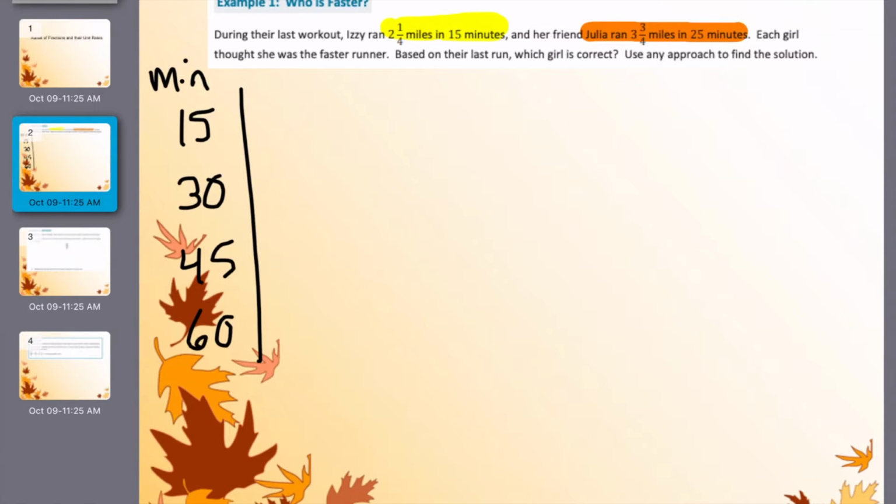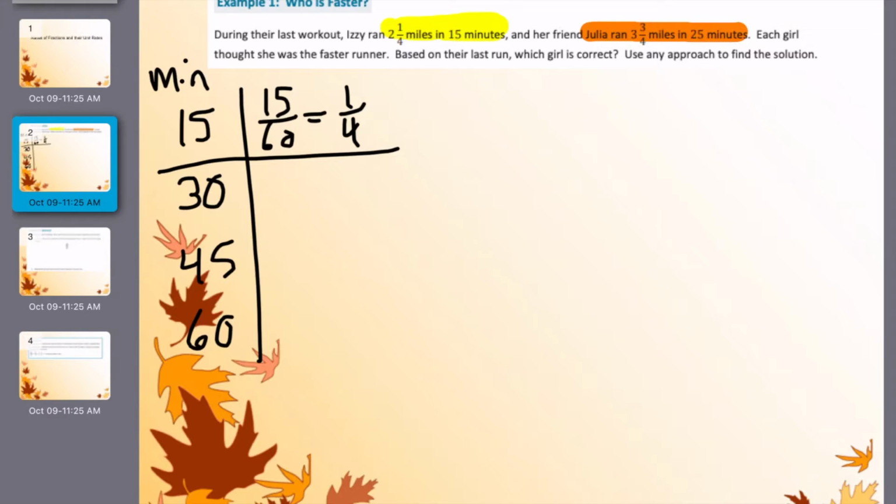What if I try to think about this in terms of hours? So what is 15 divided by 60? That'd be 15 minutes out of 60 total minutes in an hour, because we usually think of time, or at least rates with time, in terms of hours. Well, 15 over 60 is just 1/4, so a fourth of an hour.